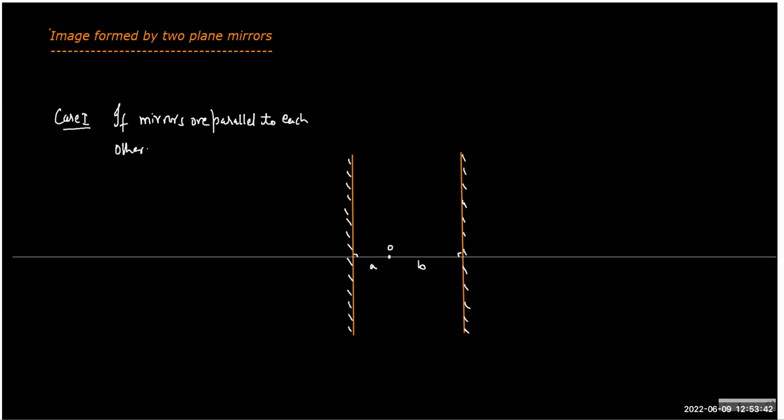So I'll try to draw a few of them so that you can realize what exactly happens. First of all, this ray will hit like this, and the first image will form here, correct? At a distance b. And the first image from here will be at a distance a exactly behind.